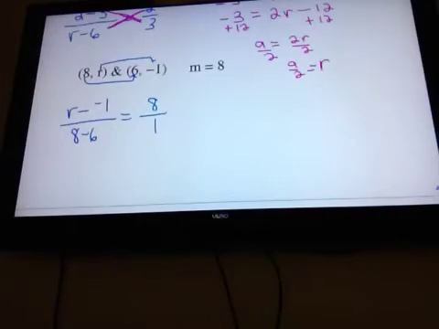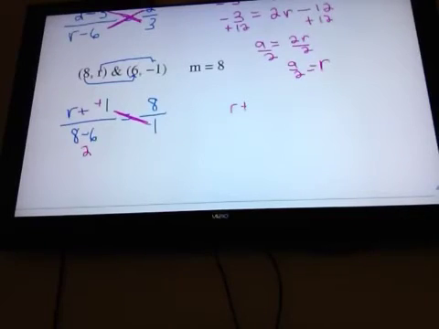So a couple things before I set this up. In my numerator, my minus minus becomes plus plus. In my denominator, 8 minus 6 is 2. And then I'm going to cross multiply. R plus 1 times 1. Anything times 1 is the thing you're multiplying by.